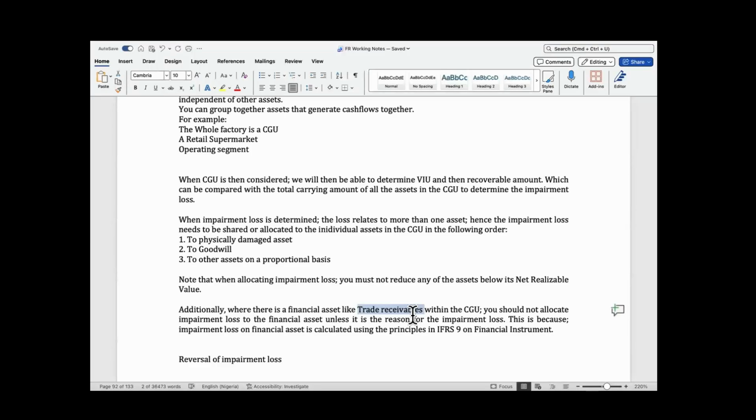And they will tell you in the exam if it is the cause. Unless that is stated, you do not allocate impairment loss to any of these items because they have their own ways of determining impairment loss, which is different from how we are doing it under IAS 36.